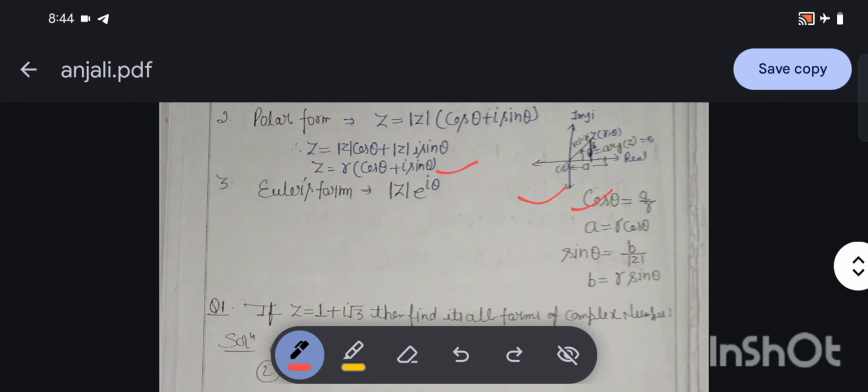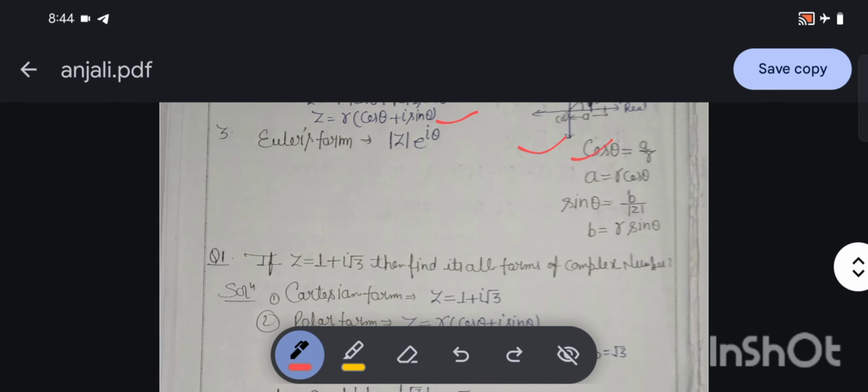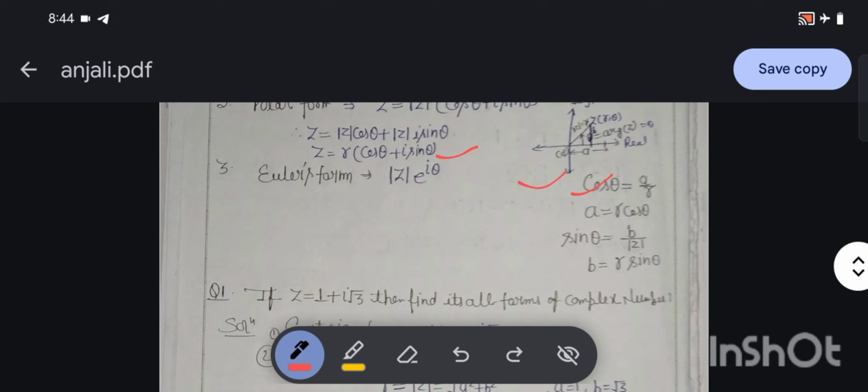Okay, so cos theta is equal to a upon r, and sin theta is equal to b upon r. Then we will find out the value of a and b, then the equation we will find out. And the next is Euler's form. Euler's form: z is equal to mod of z e to the power iota theta. It means r is r e to the power iota theta, z equal to r e to the power iota theta.